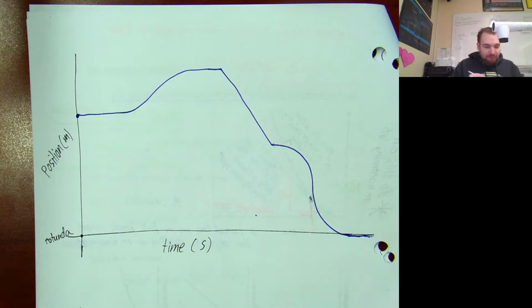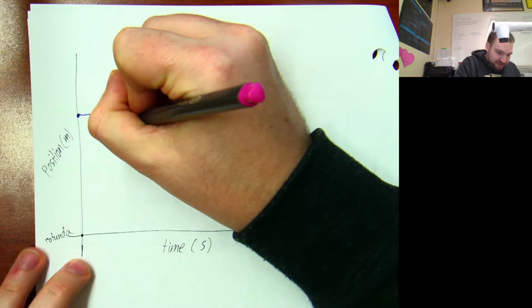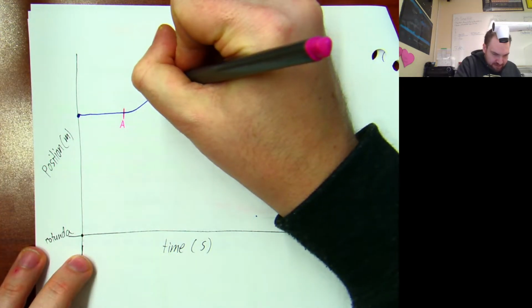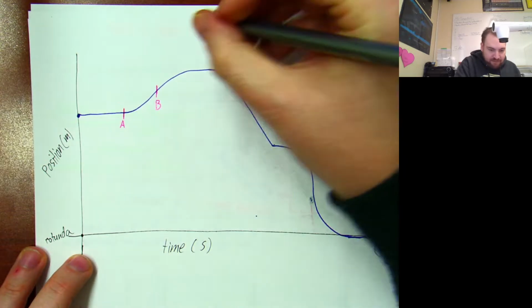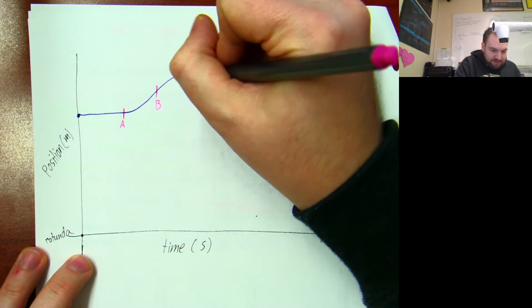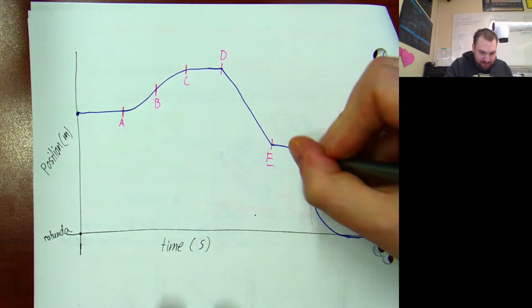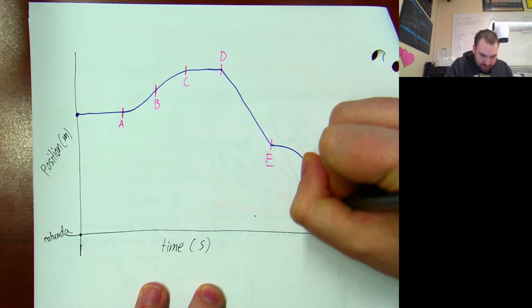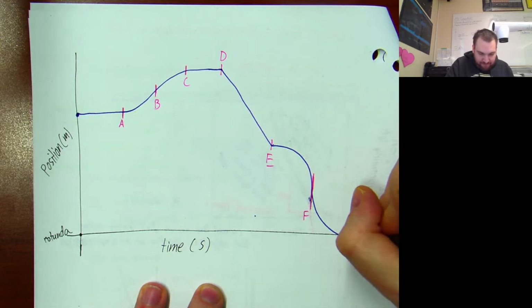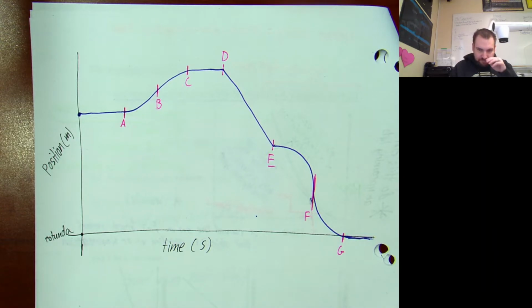And I'm going to break some stuff up here. This is going to be A. This is going to be B. This right here is going to be point C. That's going to be point D. That's going to be point E. That right there is going to be point F, G. Okay, so we have our situation.